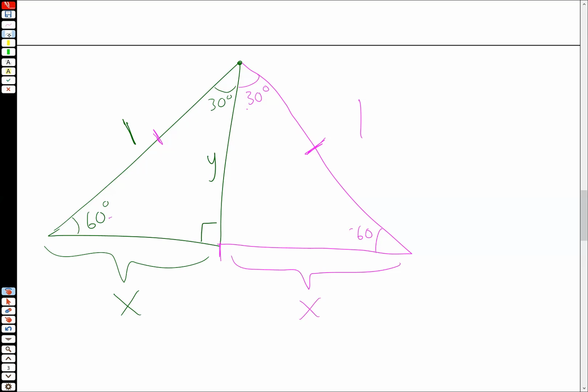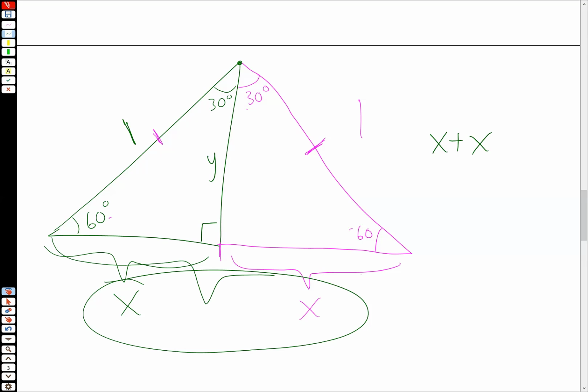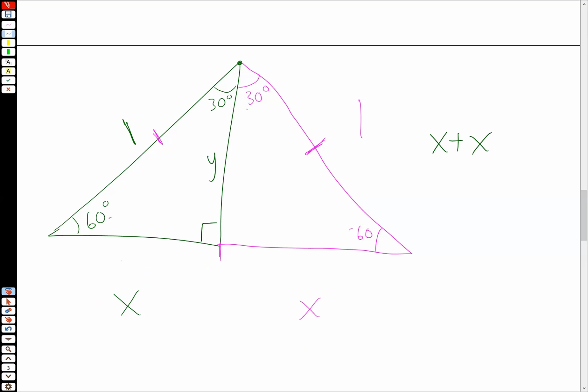That means that x plus x has to be equal to the other sides, which is 1 in this case. Let me erase, since it's getting kind of crowded. This whole side right here has to be equal to the other sides.